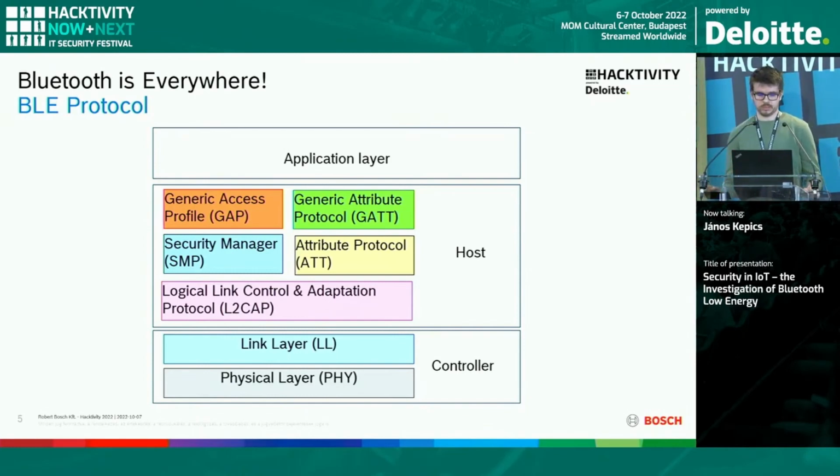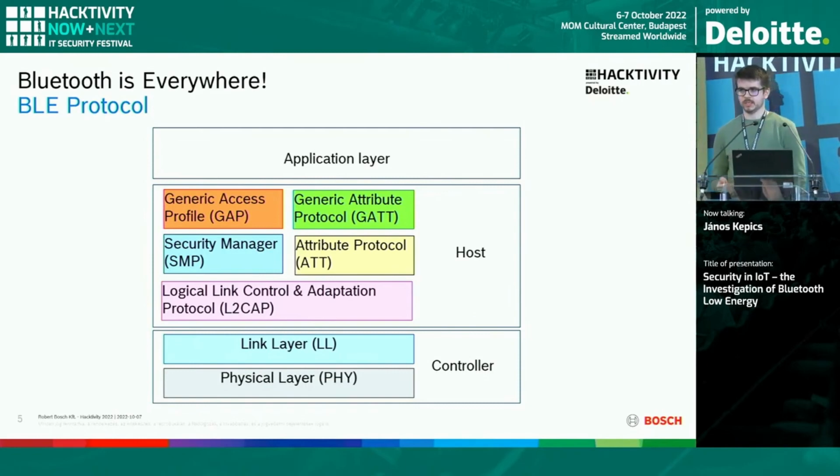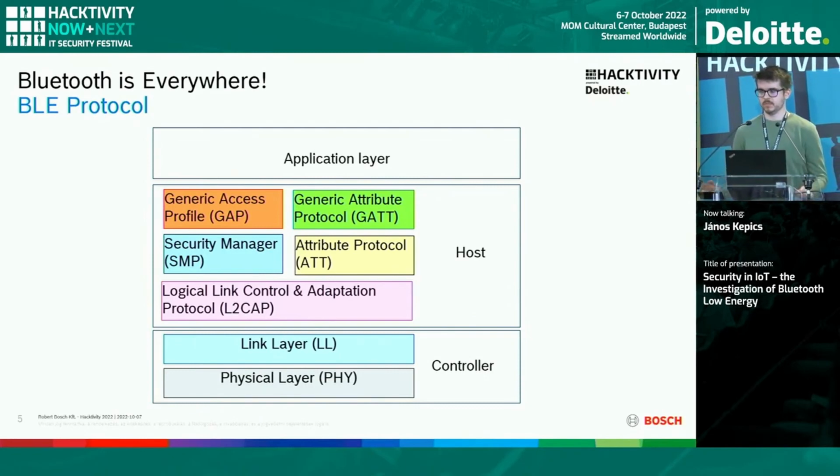GAP, the Generic Access Profile, handles discoverability and connectability to a device. GATT, the Generic Attribute Protocol, defines services and characteristics for an application.